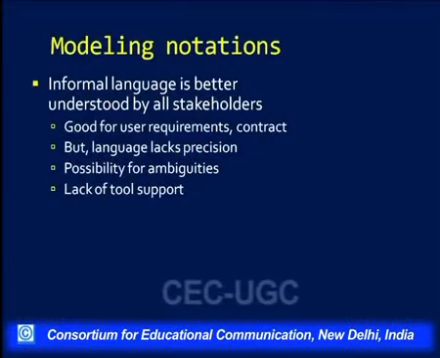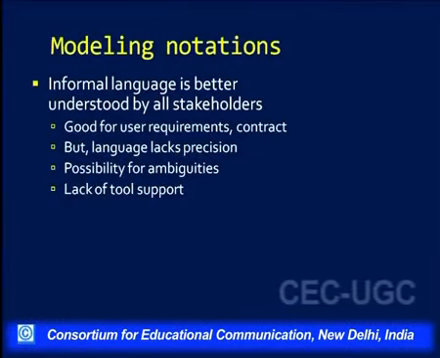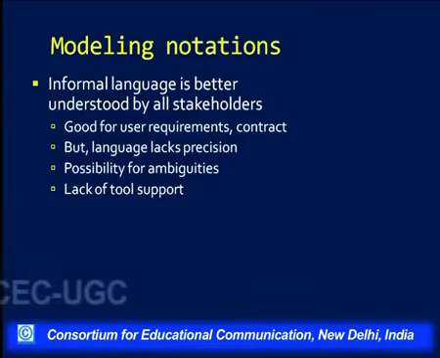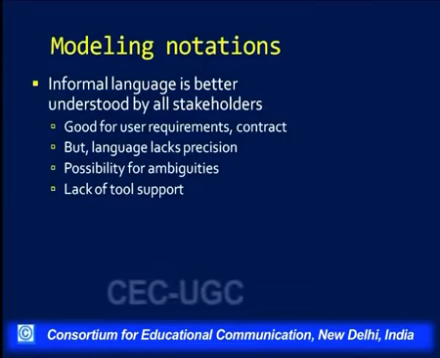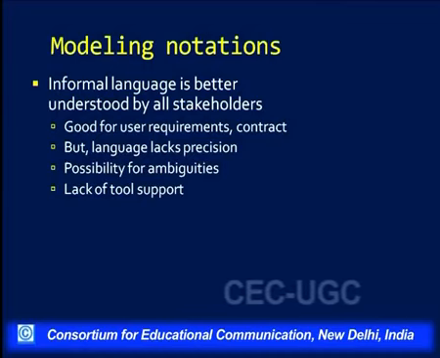So among modeling notations, we generally prefer that informal language is better because it is easily understood by all stakeholders when we are talking about software. It is good for understanding the user's requirements, and for the contract.